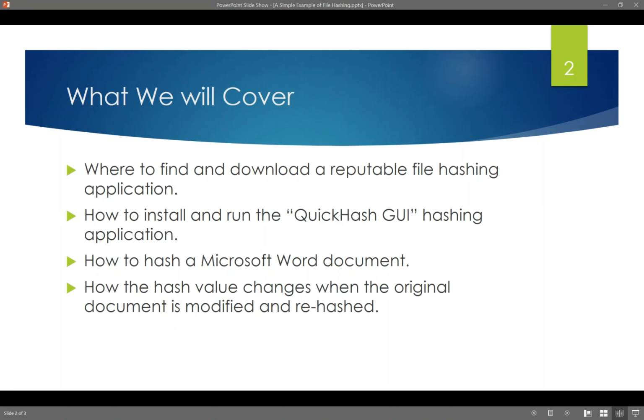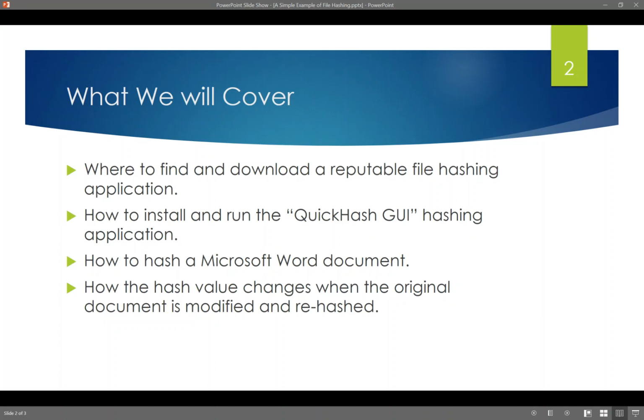So today, I'm going to show you where you can download Quick Hash GUI, and we're going to take a Microsoft Word document and enter a simple phrase into it, save it, and hash it. Then we're going to edit that same document, change that phrase slightly, save it, and perform a second hash against it.